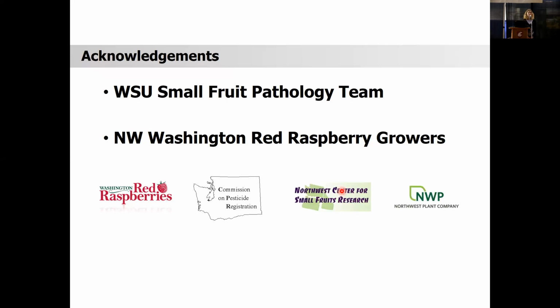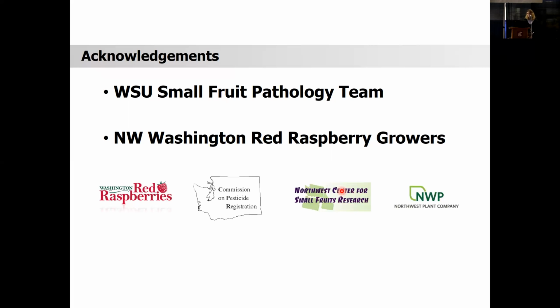Any more questions? Hi. Do you think that sprayer droplet size can make a difference, like an air blast versus a rear size, as far as getting into the flower and killing the botrytis, and the effectiveness? I think it might. And also how well it covers the flower and plant surface.